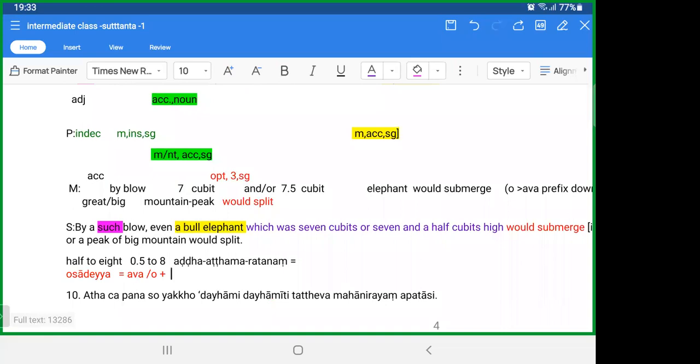What can the root be? Sad, sa. Is it sa or sat? Maybe nisa or nisa deti or sat. I think same. And plus what? What can the present tense be? Maybe if the present tense is osa deti, then the conjugation sign should be e, right?